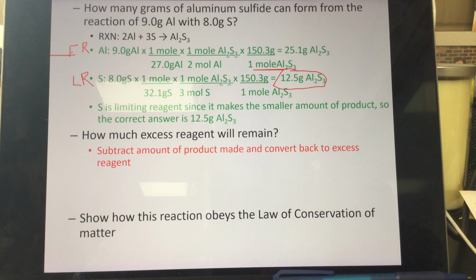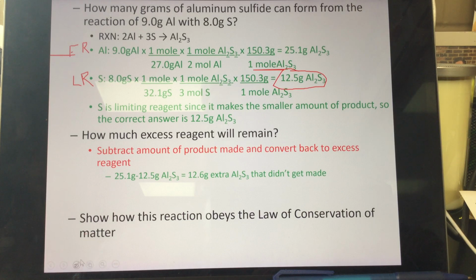So up here, we have 25.1 grams of aluminum sulfide that the aluminum could have made, compared to 12.5 grams of aluminum sulfide that really was made. So we're going to subtract those two amounts. Subtracting those two amounts tells us that if we didn't run out of sulfur, we could have made 12.6 more grams of aluminum sulfide.